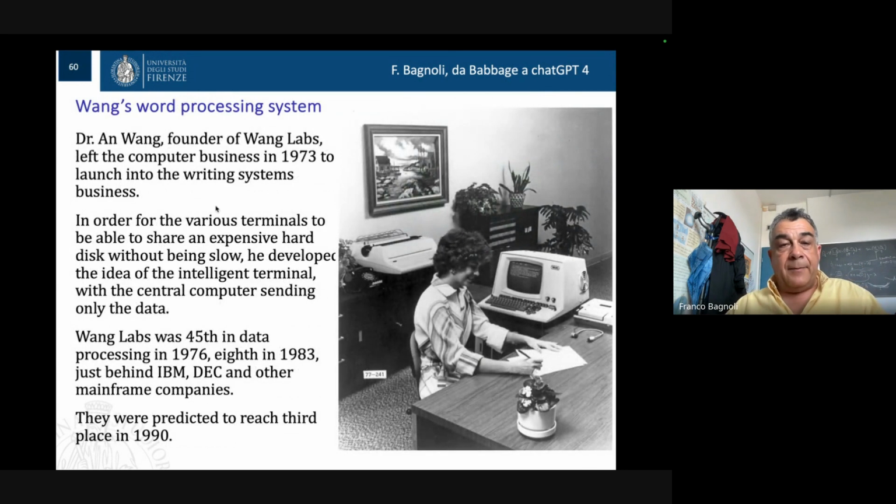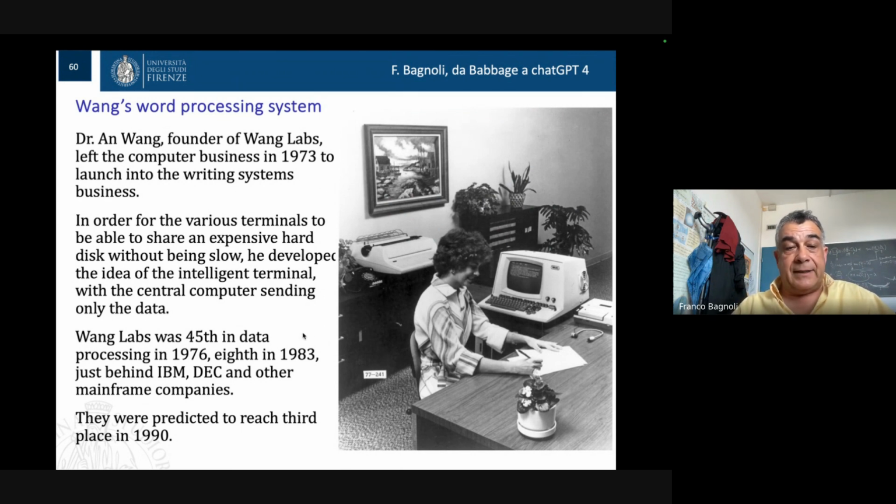But the big revolution was the Wang word processing system. So Wang, which we have already met, selling essentially calculators, thought that one could sell a whole computer system made of terminals, so computers, printers, and storage, say disks, that were dedicated only to text processing.